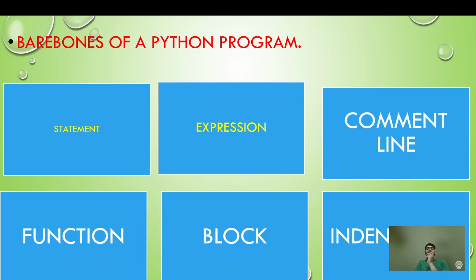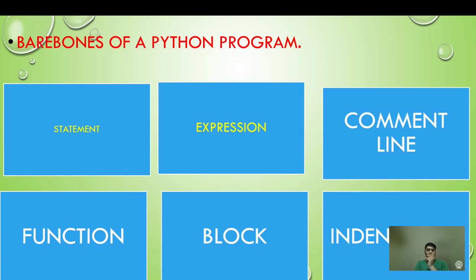It is in the form of symbols, literals, and operators. Then comment lines are in the program only for user understanding. The user can understand what the program is telling, but the interpreter will ignore it. So if they ask which part of the program the interpreter can ignore, the answer is the comment line.